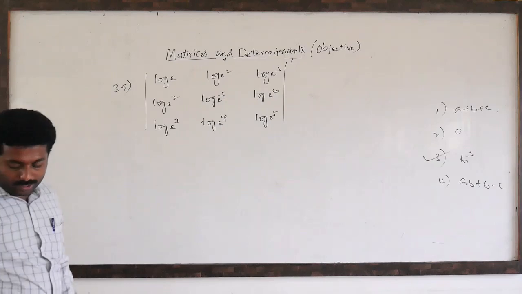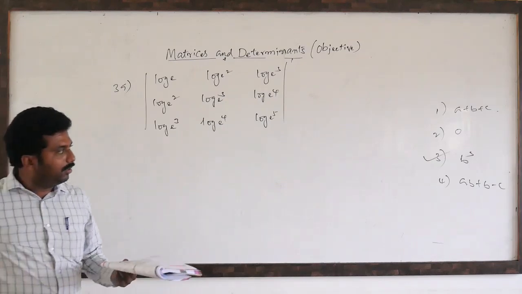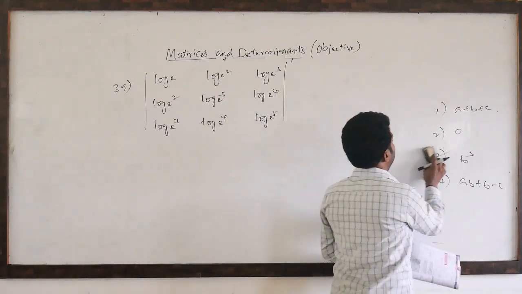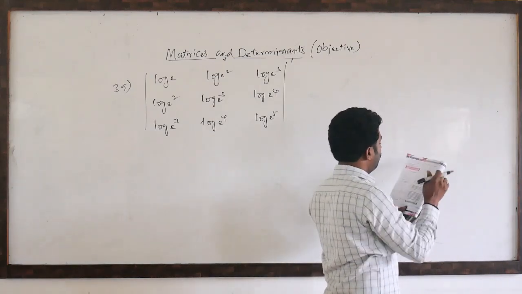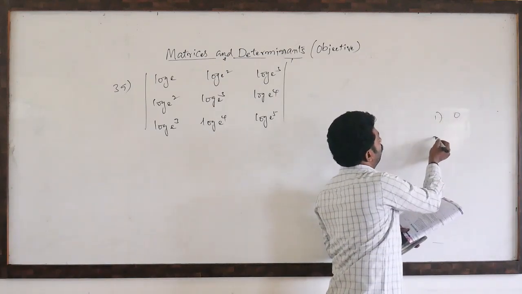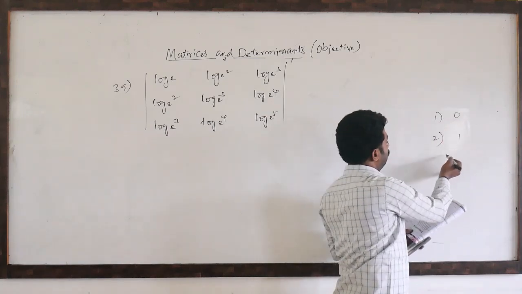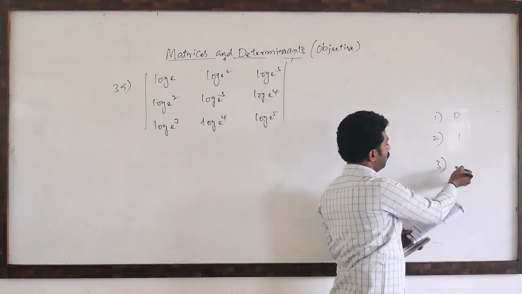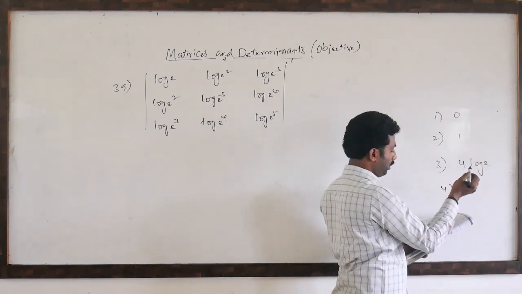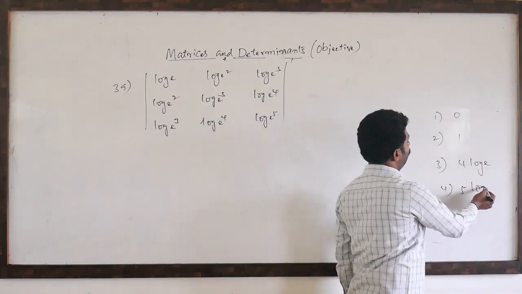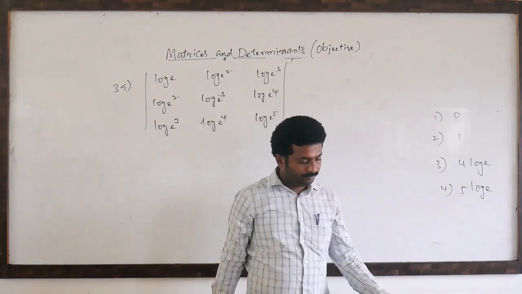They are asking about this determinant, so I will write the options also. What are the options here? First option 0, second option 1, third option 4 into log e, fourth option 5 into log e.